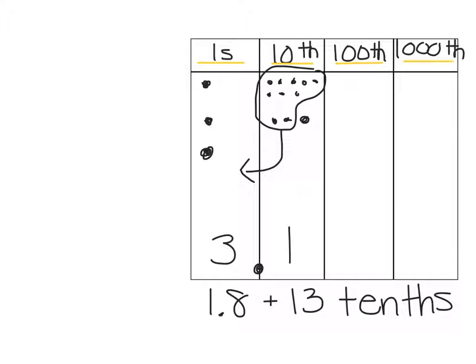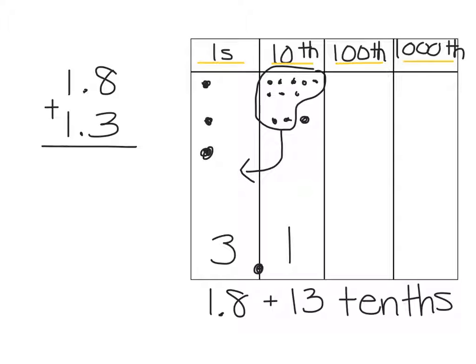I can also show this by writing 1.8 or 1 and 8/10 and adding 1 and 3/10 to that. Now when we add, it's very important that we line up those decimal points. So you'll see that my ones place is lined up and my tenths place is lined up. My decimal points are right in line as well.